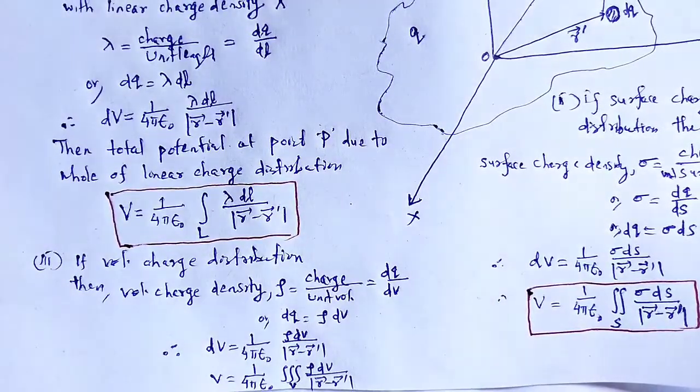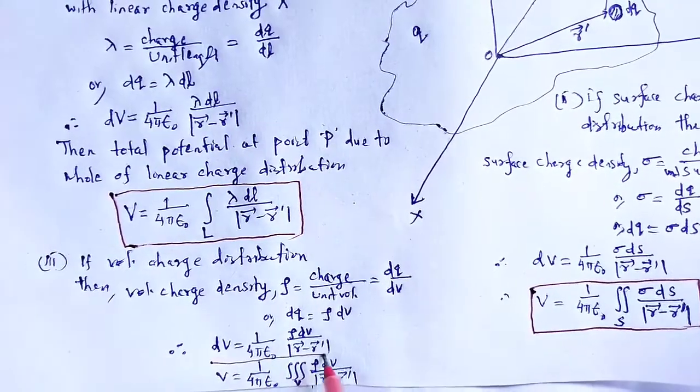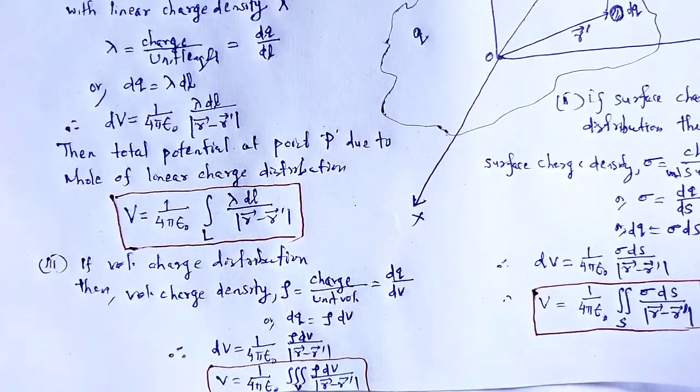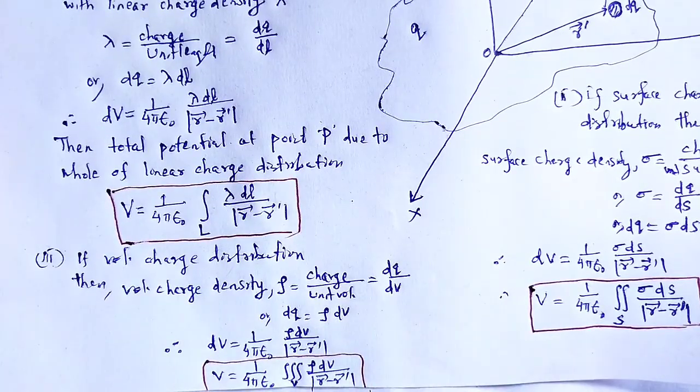That is the expression for the total potential at point P when the charge is distributed volumetrically.